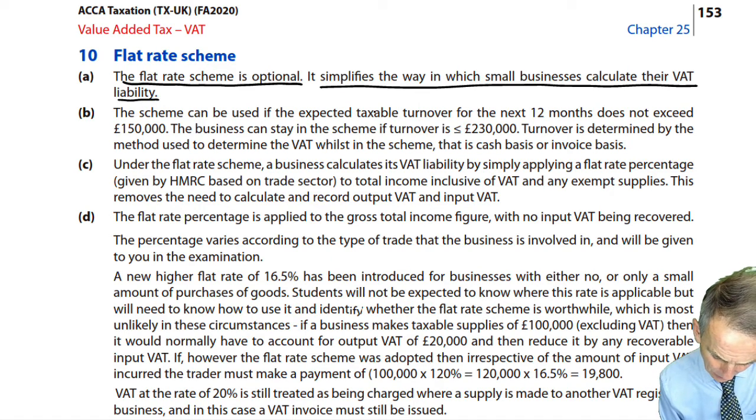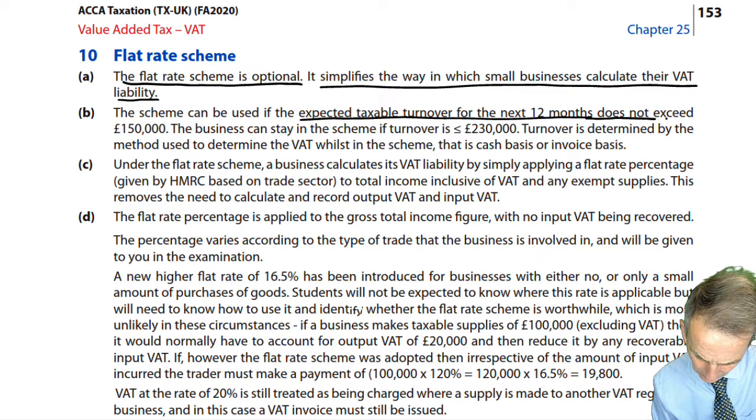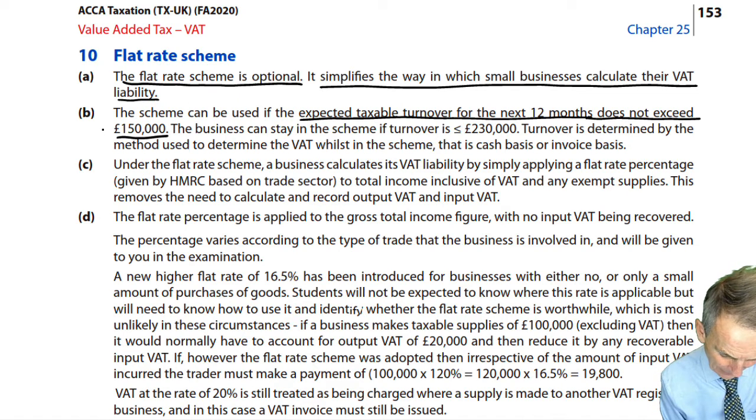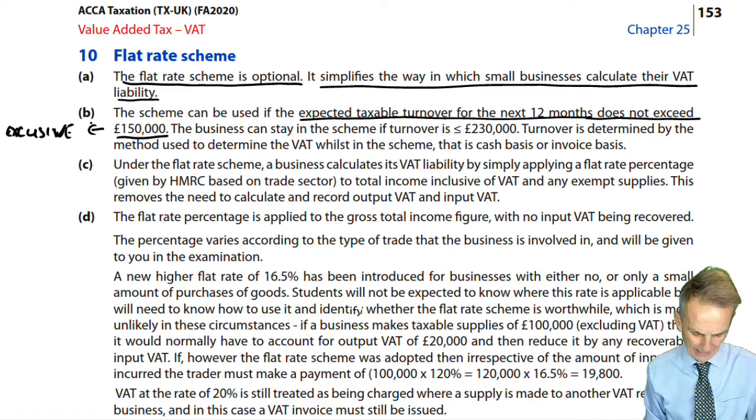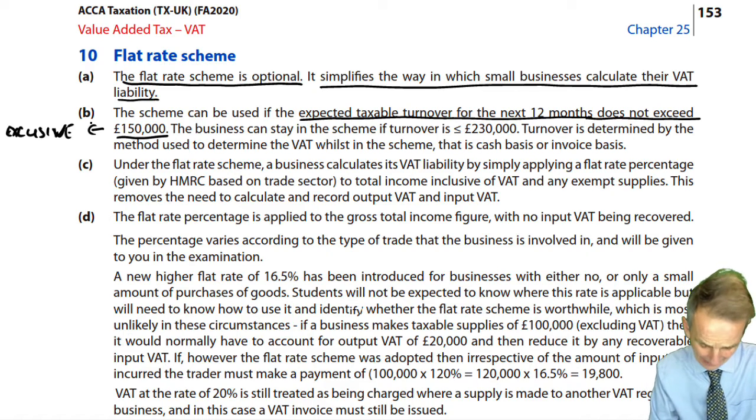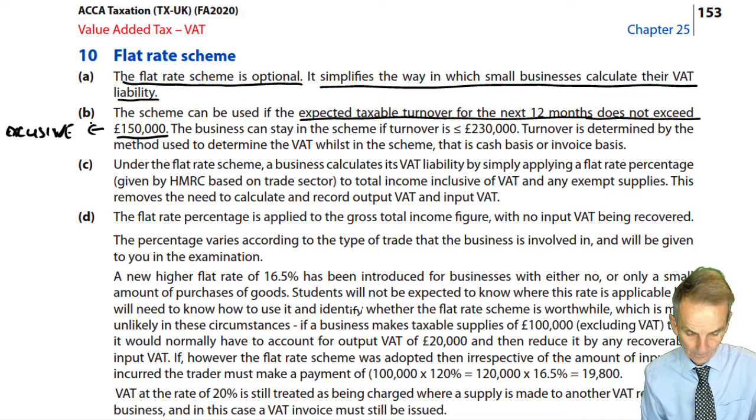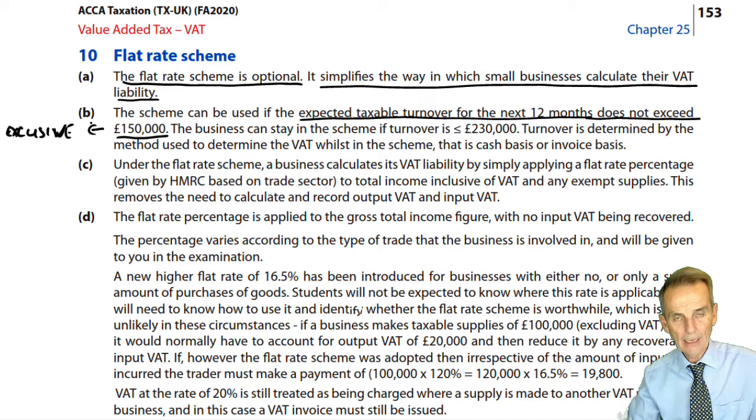So the scheme can be used if the expected taxable turnover for the next 12 months does not exceed £150,000. And that £150,000 here is exclusive of any VAT. That 150 is a VAT exclusive figure. There is then a higher level.